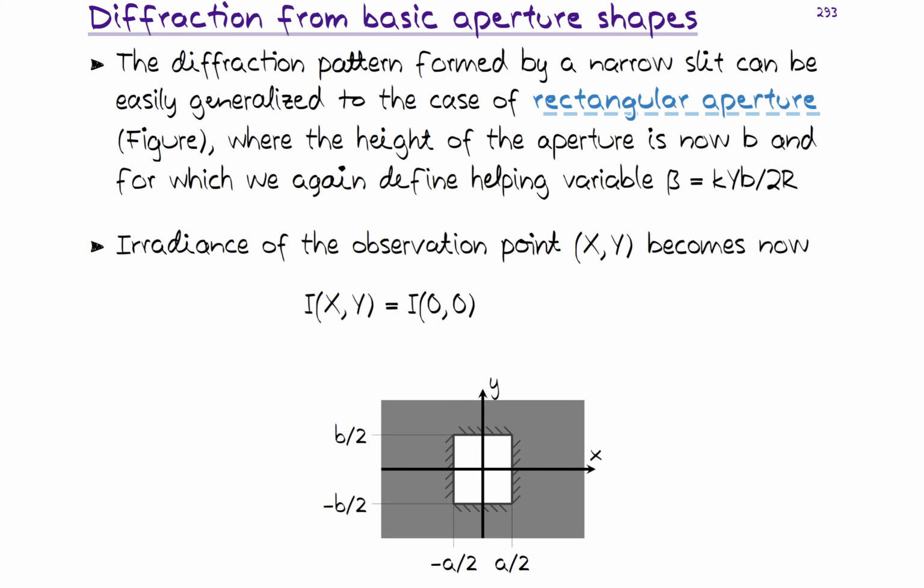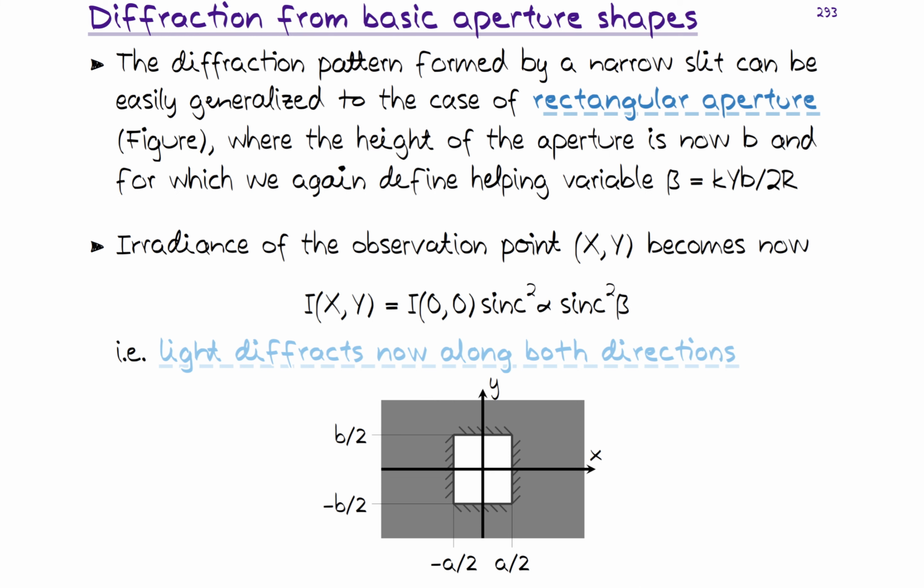This applies because the aperture function was separable. So I have my original irradiance distribution associated with the 0, 0 location, and then I have the cardinal sine squared of the alpha variable, and then the cardinal sine squared of the beta variable. And what that essentially means physically is that now light starts diffracting along both directions.